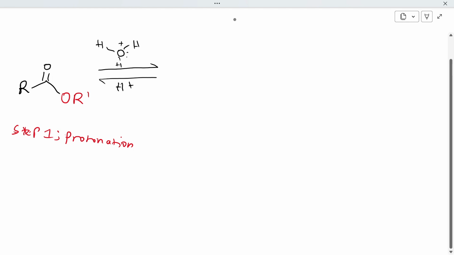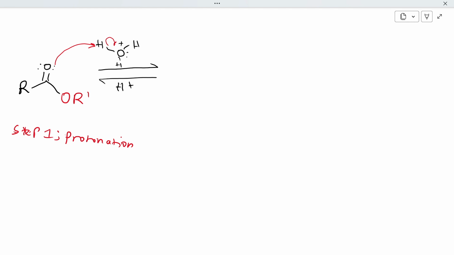So what you need to know is the lone pair of electrons found here are going to attack or to grab that hydrogen. Then an electron is shifted back onto that oxygen.